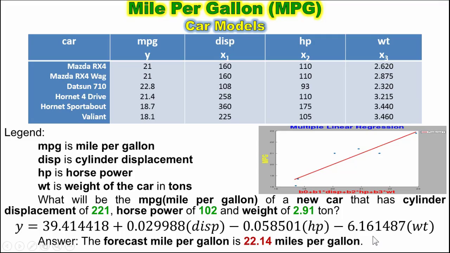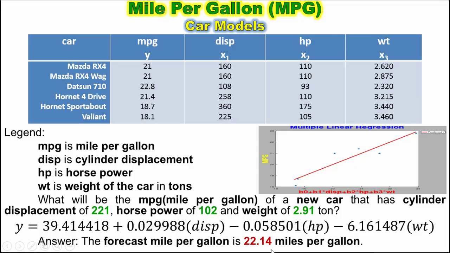By substituting the value of the cylinder displacement to 221, horsepower to 102, and then the weight to 2.91, the forecast mile per gallon is 22.14 miles per gallon.